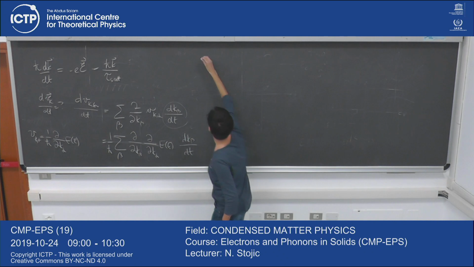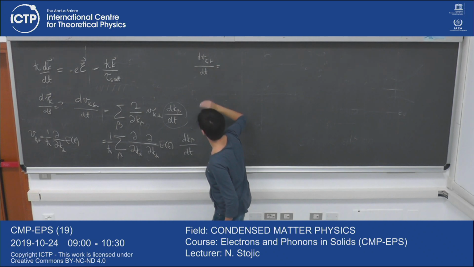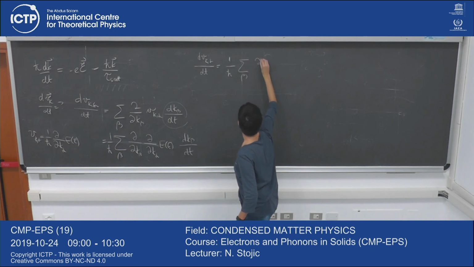what did I just write? That dvk alpha dt is equal to 1 over h sum over beta.